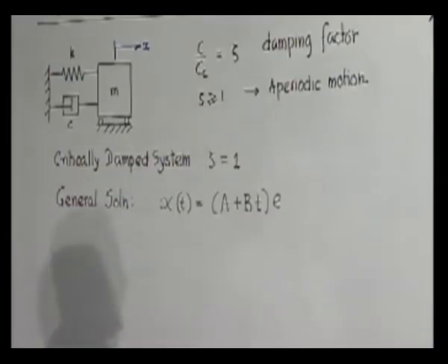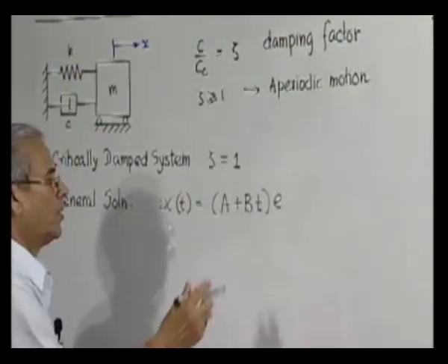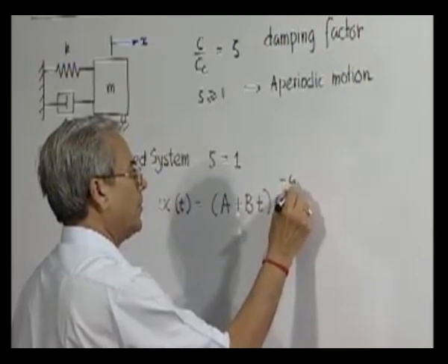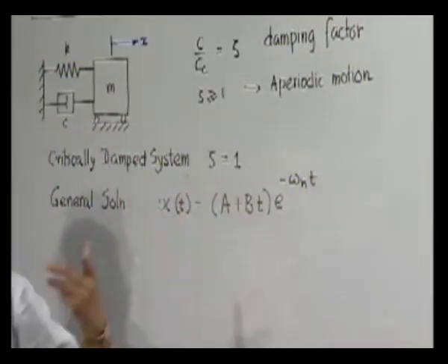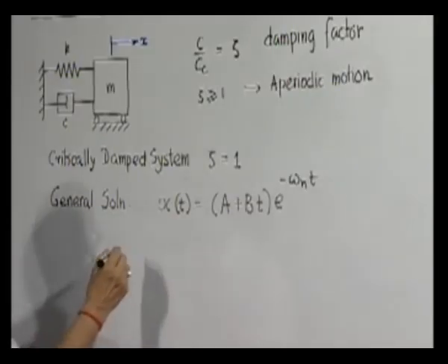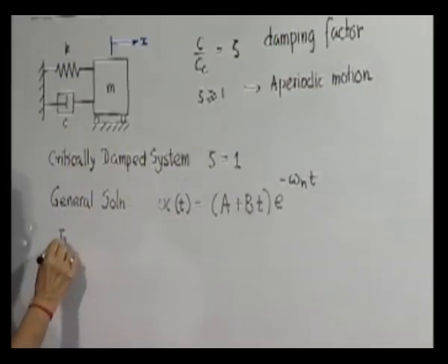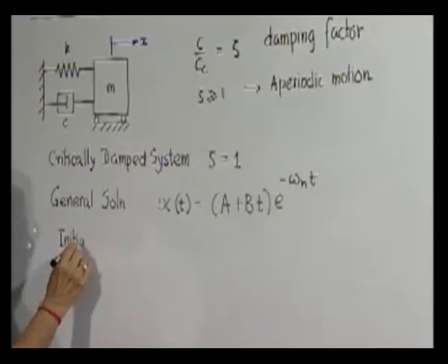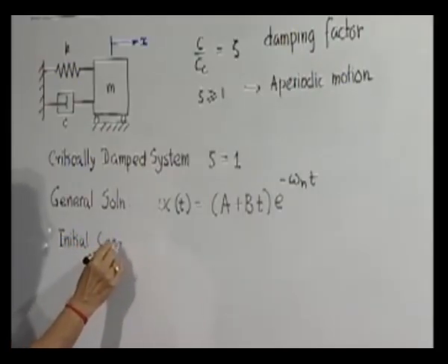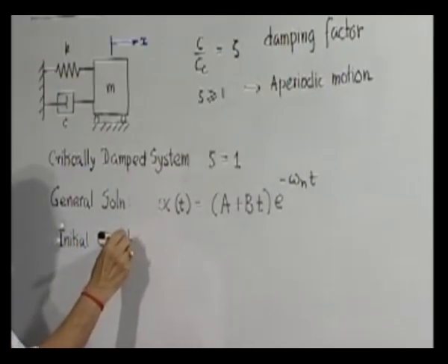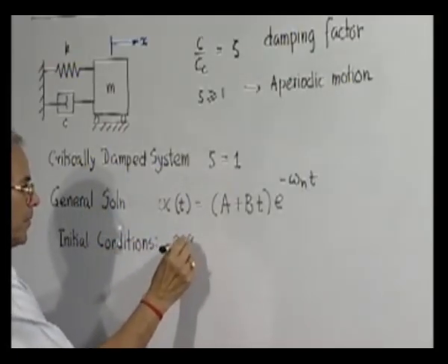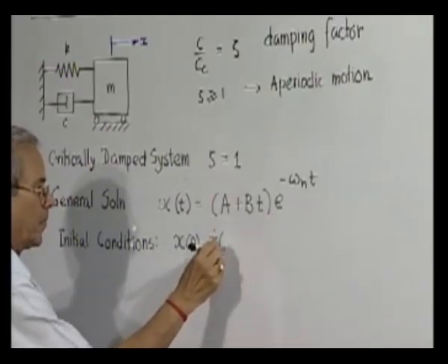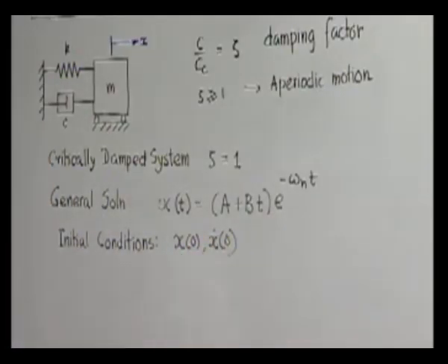Now zeta is equal to 1, so it will be simply, actually zeta is here but zeta is 1, and the initial conditions are as before, x0 and x dot 0 at t equal to 0.